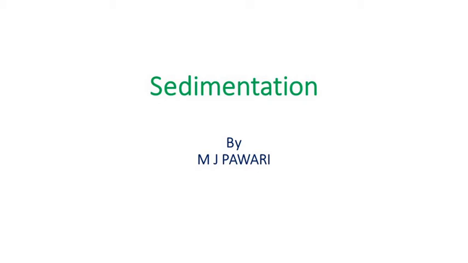In the previous topic we discussed aeration: the principle of aeration, the purpose of aeration, the advantages of aeration, the limitations of aeration, and the different methods of aeration. We discussed the basic principle of aeration, which is gas transfer.